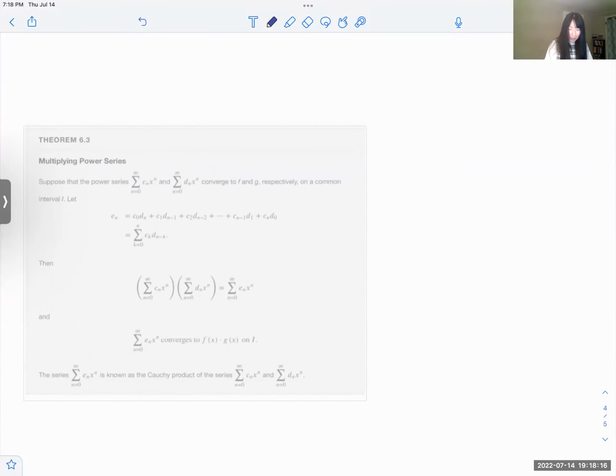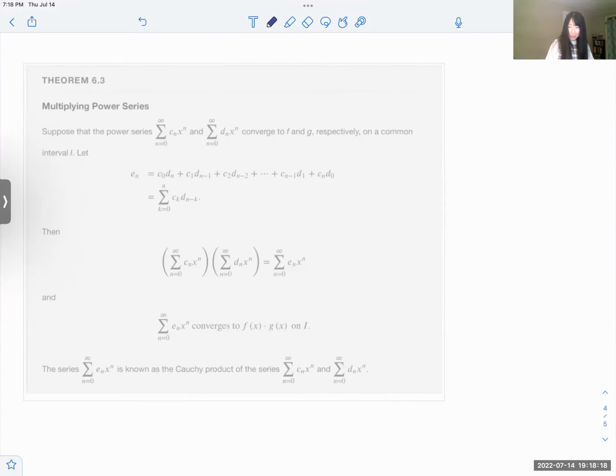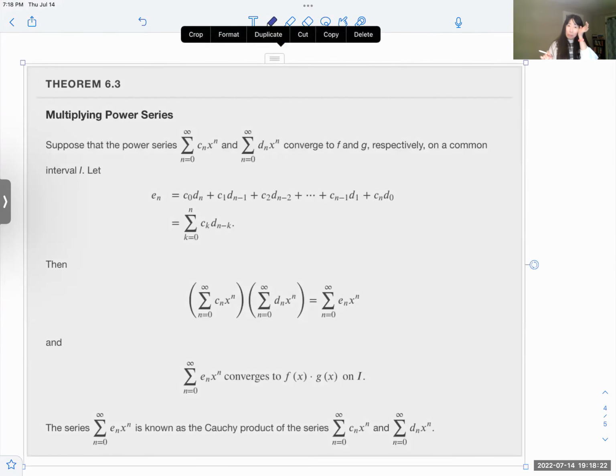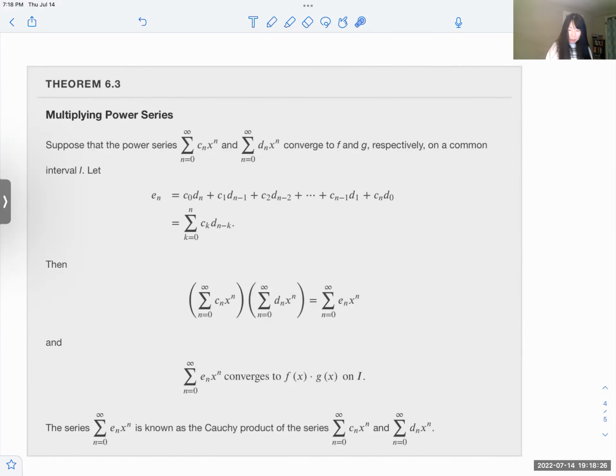Okay, so multiplication, we have a series. How do we multiply? We multiply term by term, okay? So here they make 2 series, we multiply together, then we get another series. The letters C, D, E don't mean anything, they're just names, so don't get confused with the number e.